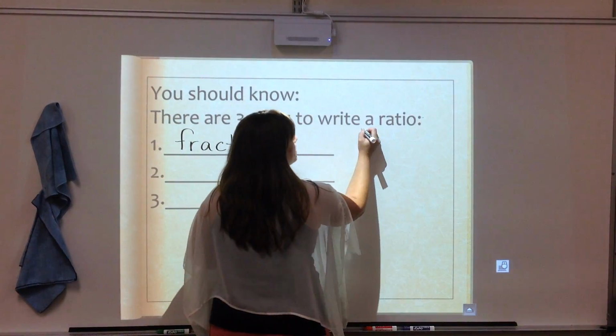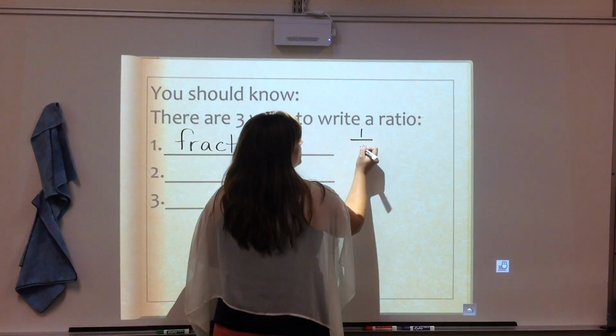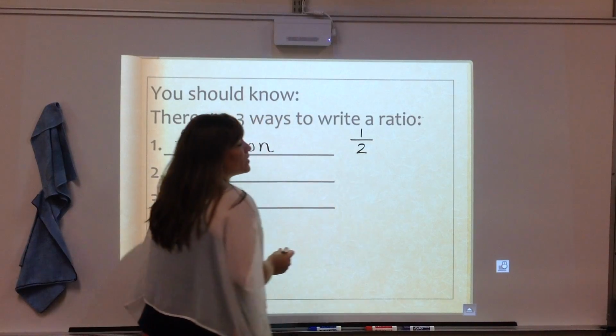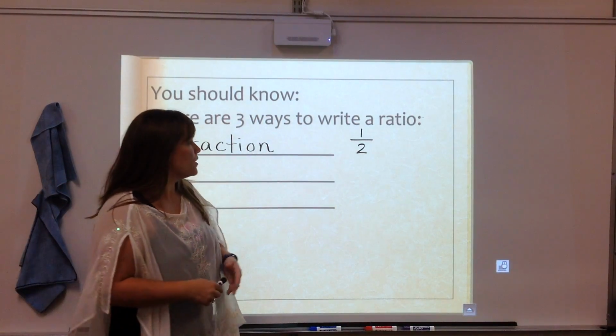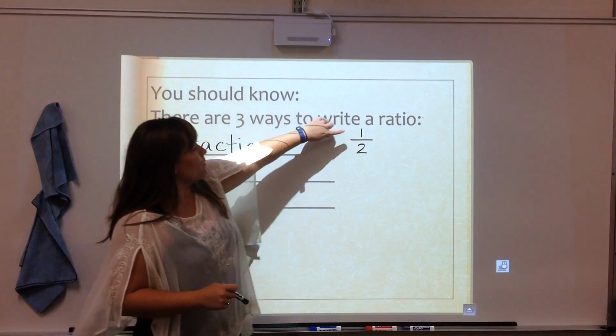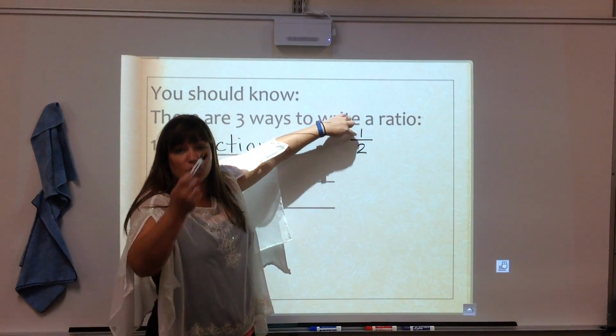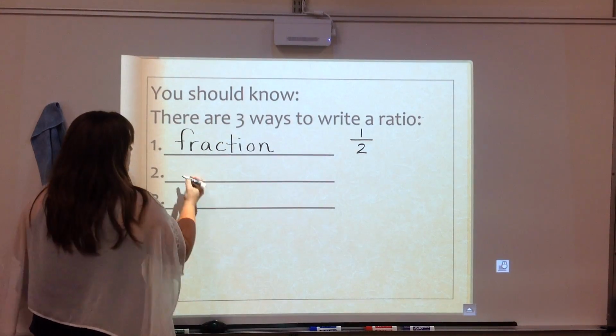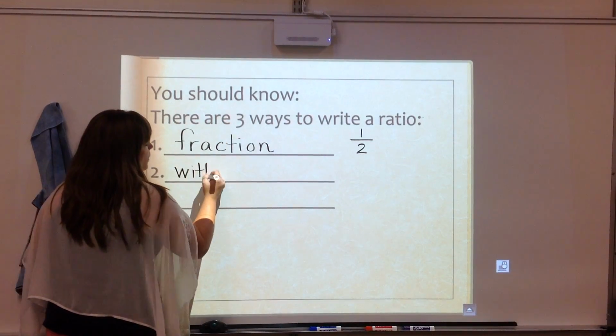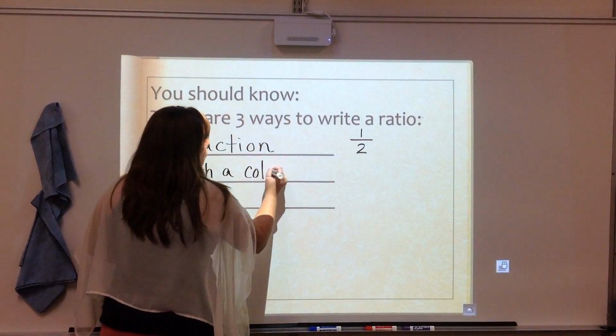So we're going to write 1, and let's say we're comparing 1 teacher to 2 students. Say my group is smaller. One of the things being compared is in the numerator, and the other is in the denominator. So that's one way. Second way, with what's called a colon.